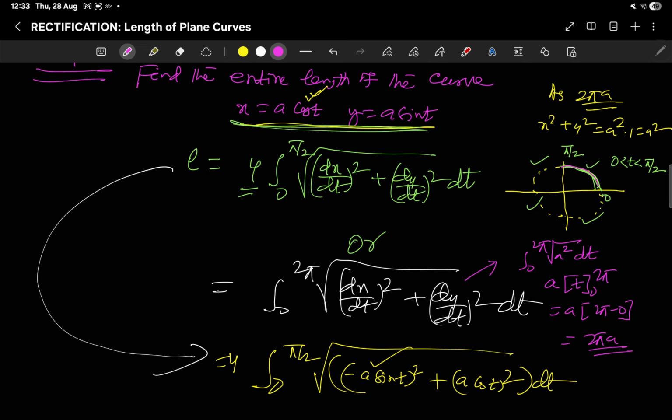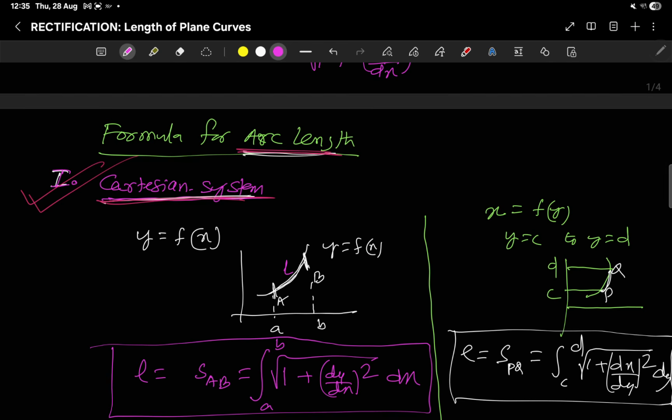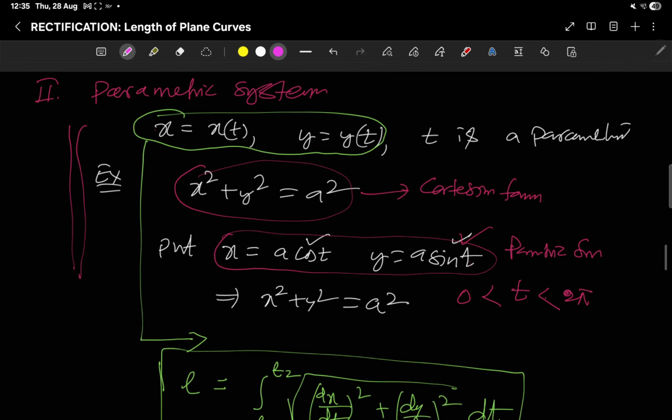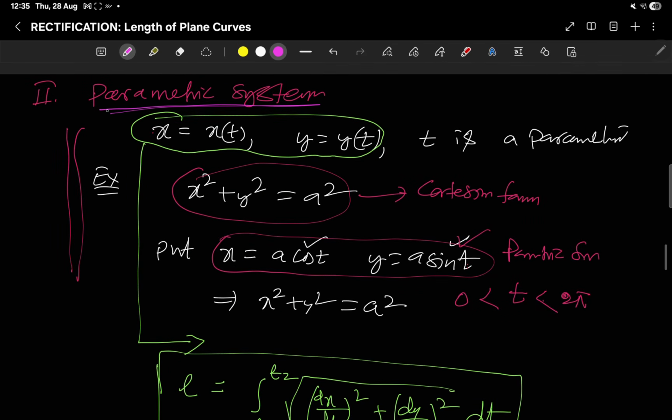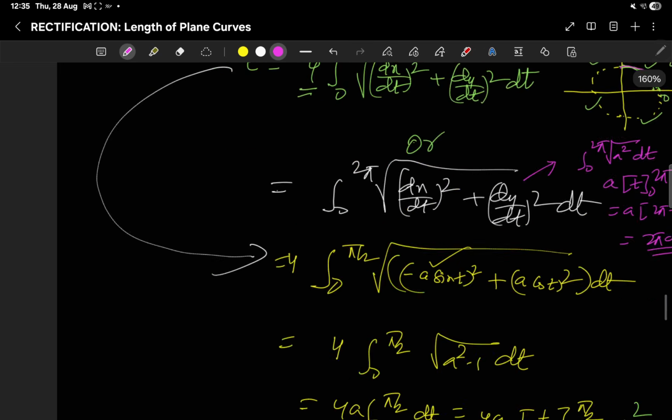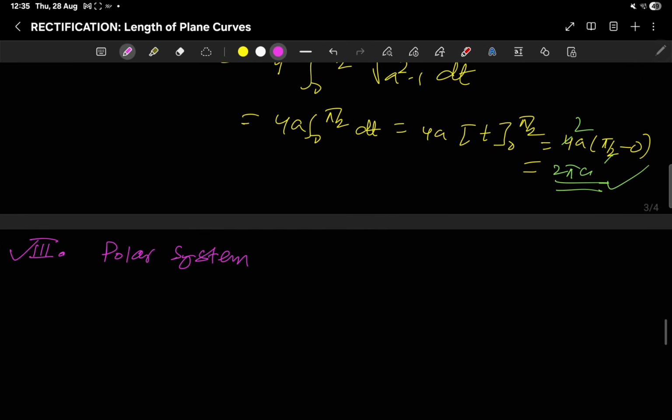Clear? Now let us solve a few more examples, in another two coordinate systems. One is the polar coordinate system, and one more is the pedal coordinate system. As we have seen, one is your Cartesian system and another one is your parametric system, right? Similarly we have two more systems. One is the polar system.